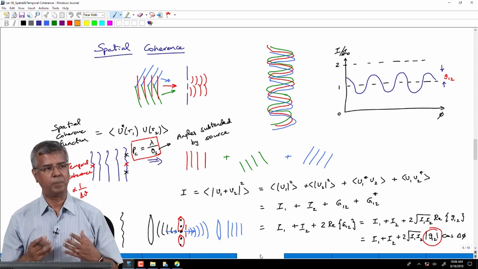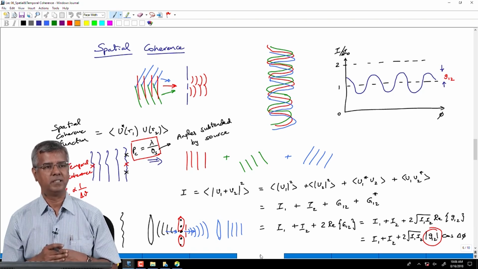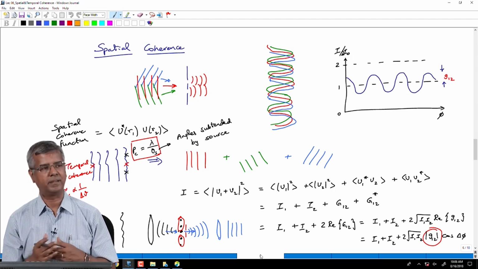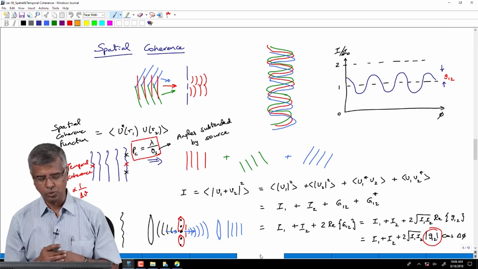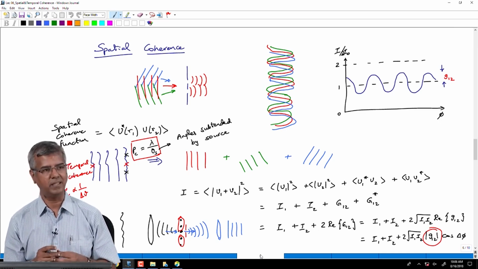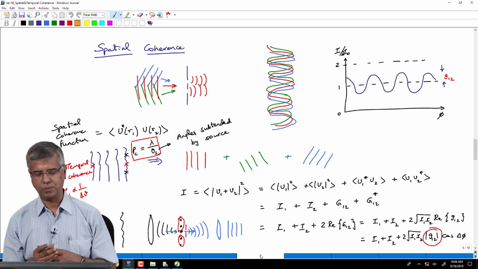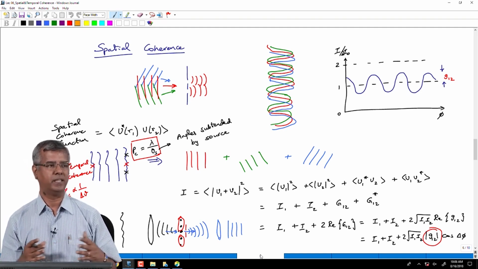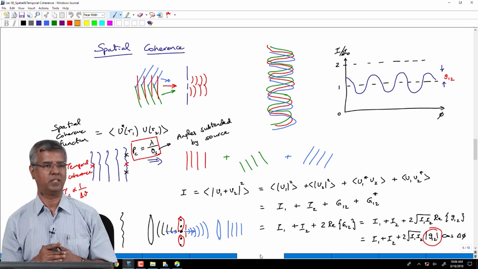So, you typically deal with a subtension of wave vectors, a subtension of angles as far as the source is concerned, and we are trying to quantify that through this spatial coherence length, which we have denoted as rho c over here. That spatial coherence length is basically inversely proportional to the angles subtended by the source.